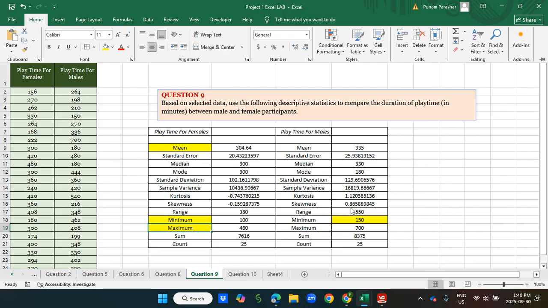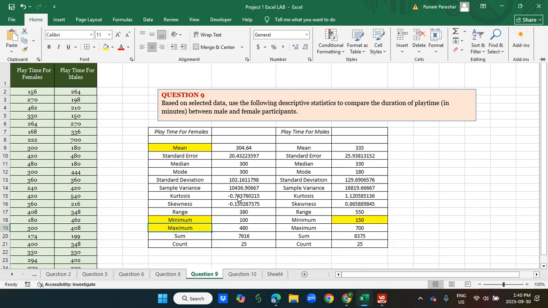If it is more than the average, then that is called right skewed. And you can see here skewness is negative for female, which means they play less than the average time, and male is positive skewness, they play more than the average time.